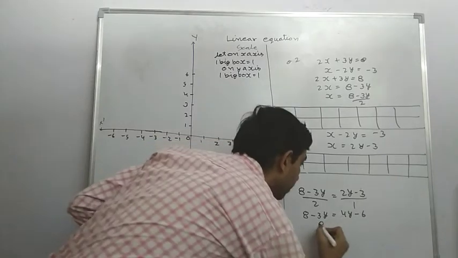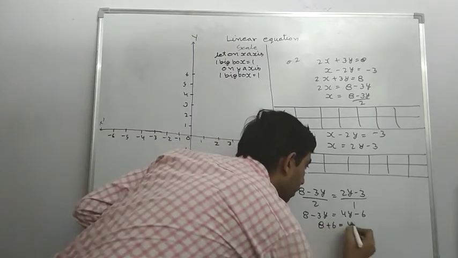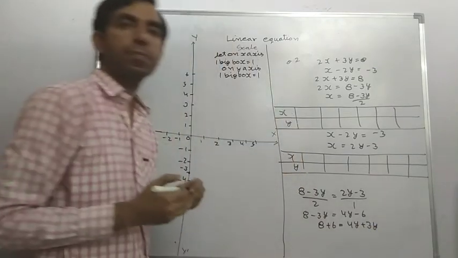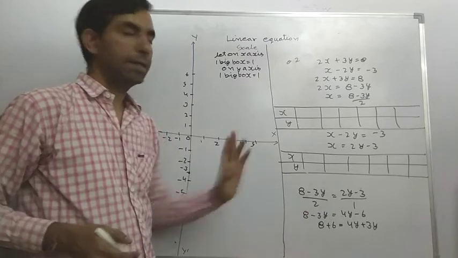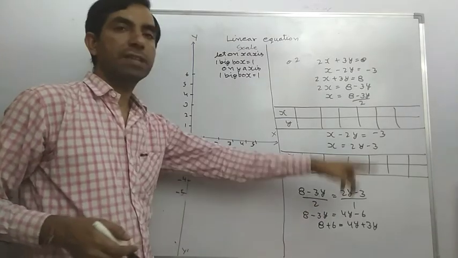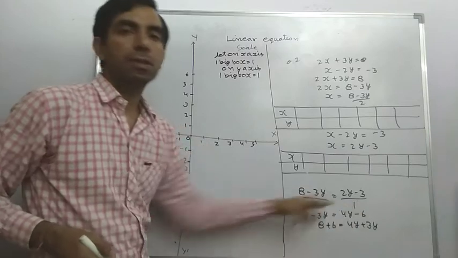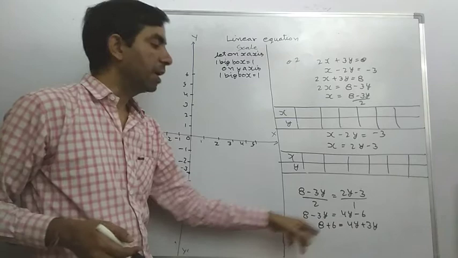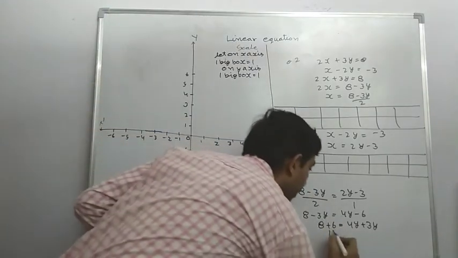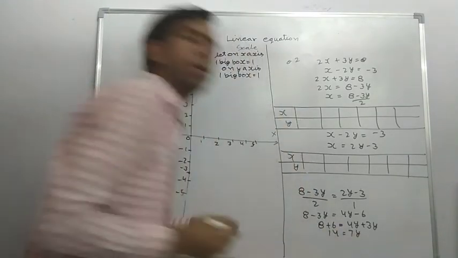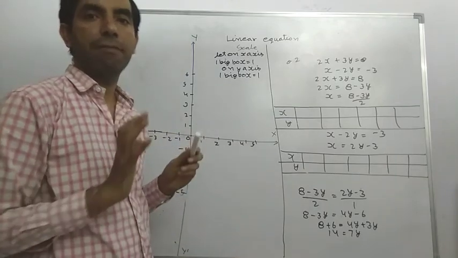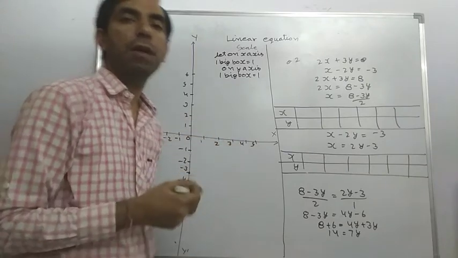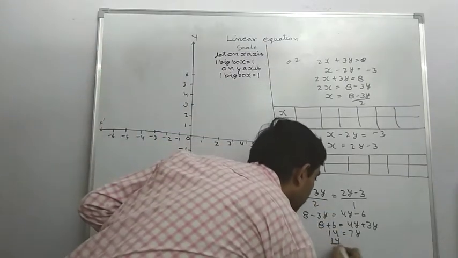Then we got 8 minus 3y, 3y goes to the second side, then it will be positive, and minus 6 goes to this side, then it also changes, minus changes to positive, then 8 plus 6 is 14 and 4y plus 3y is 7y, and we divide by the multiplier of the alphabet on the second side, then we get the answer of y, 14 upon 7 is 2.